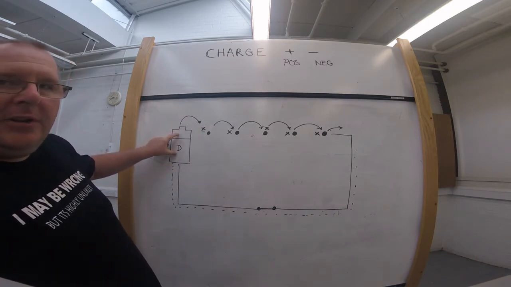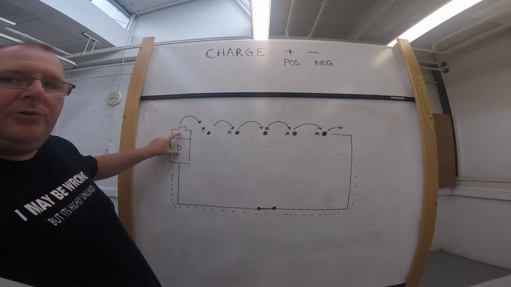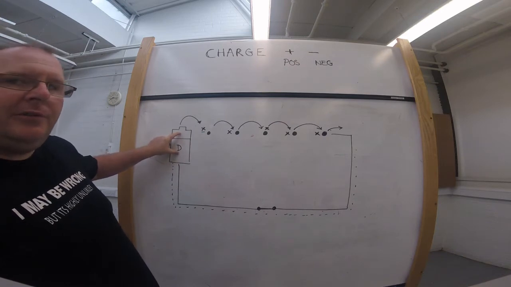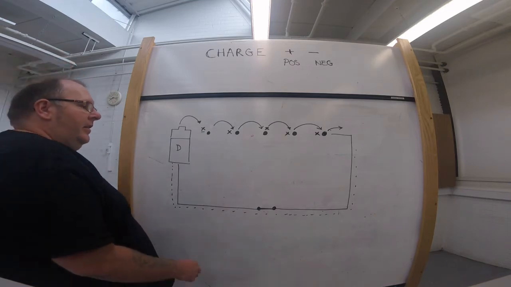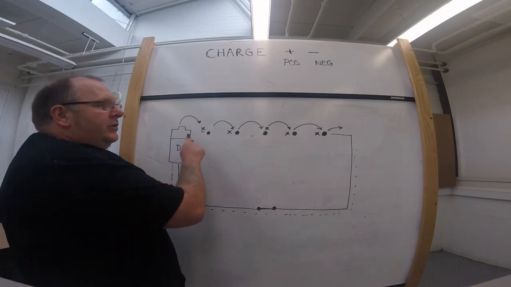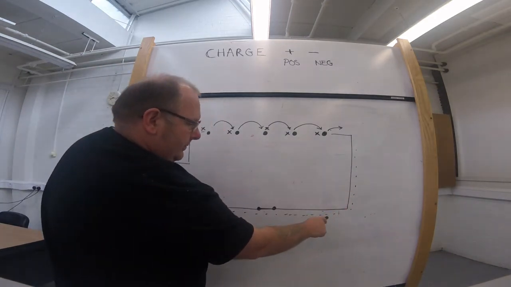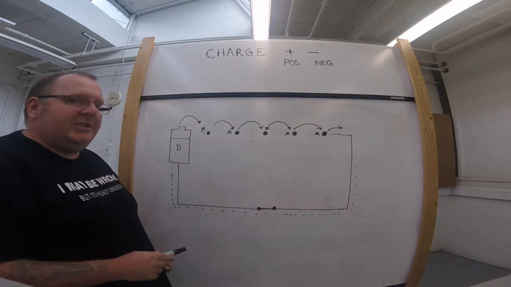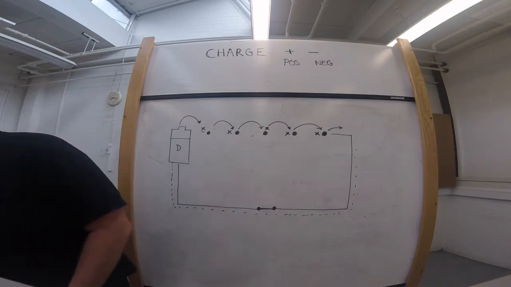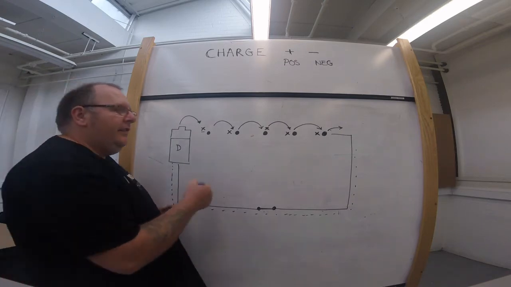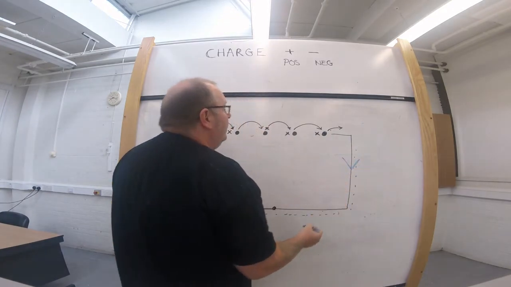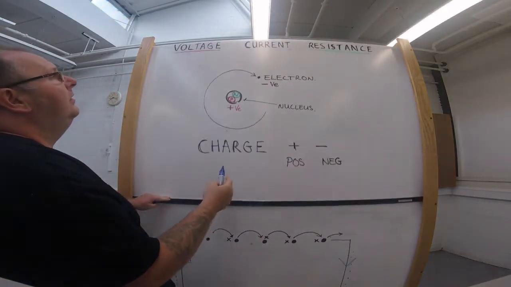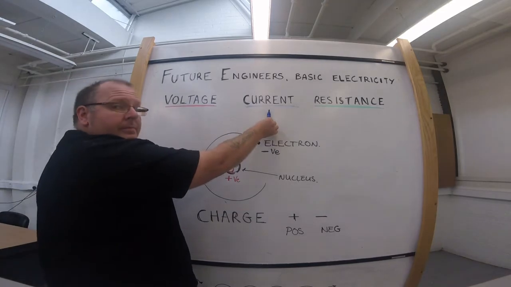Well, there's a chemical exchange going on in here, a chemical reaction that causes electrons to flow. But perhaps that's for a different lesson. I've used the word flow of electrons. That's exactly what we have. We have a flow of current.